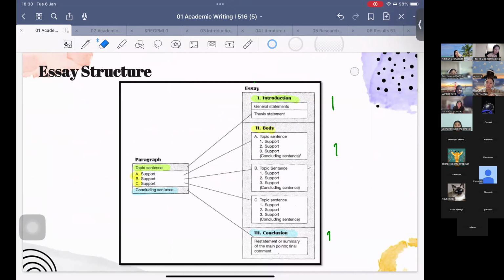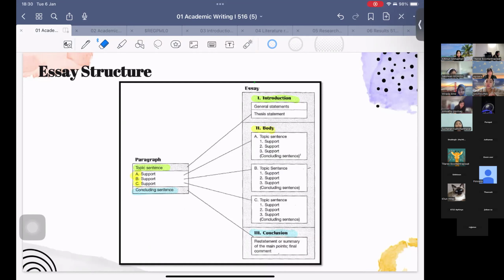To start off with, as you can see with this picture, I just want to provide an explanation: when you write a paragraph, at the end of the day, a paragraph can turn into an essay. A paragraph for some can be viewed like a shorter version because it's just one paragraph.